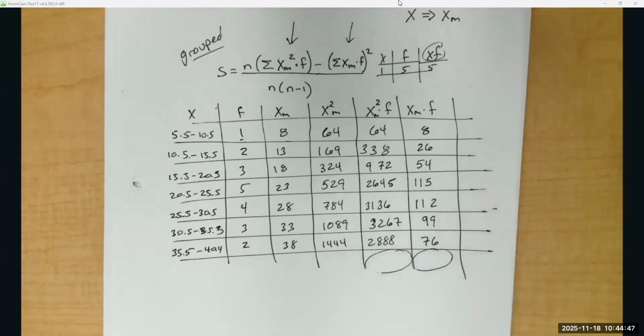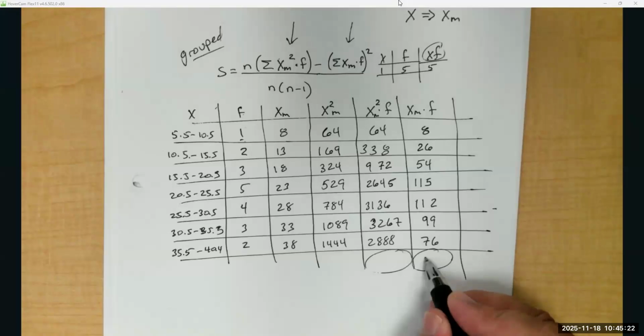Then we add up all those. This one, what is it? 498. How about the other one?